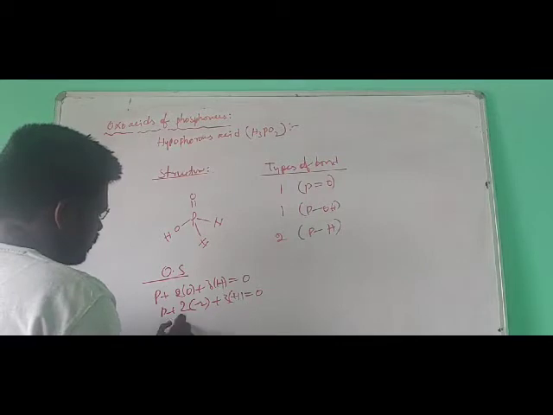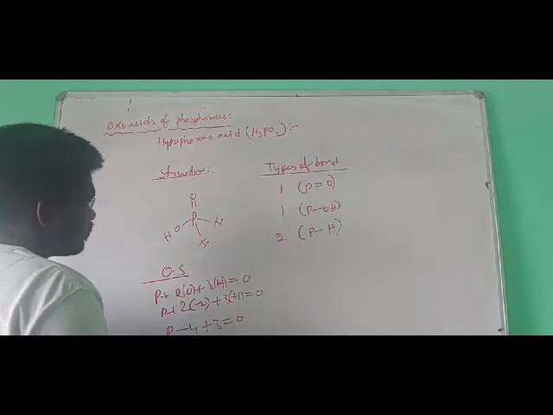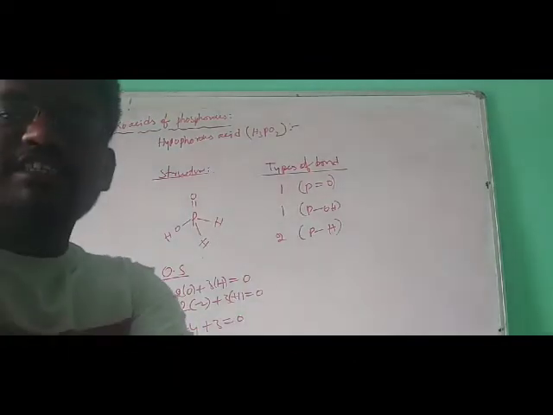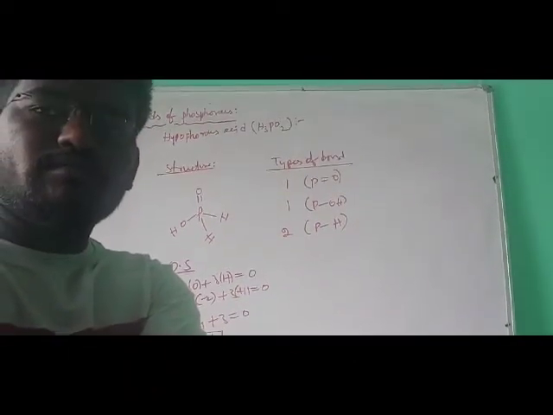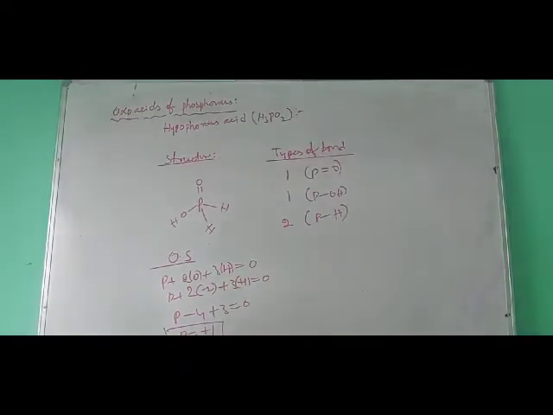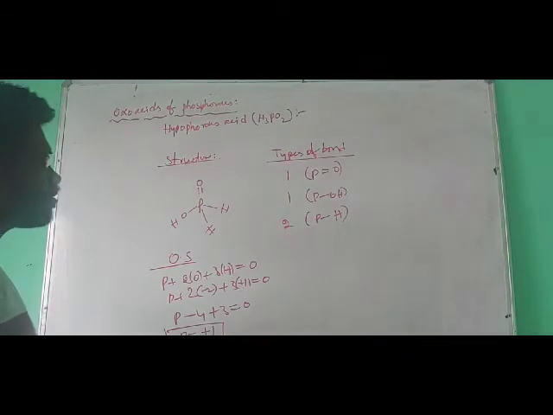Now from this, 2 into -2 gives -4, plus 3, equals 0, so phosphorus is +1. So phosphorus has +1 oxidation state in this molecule.